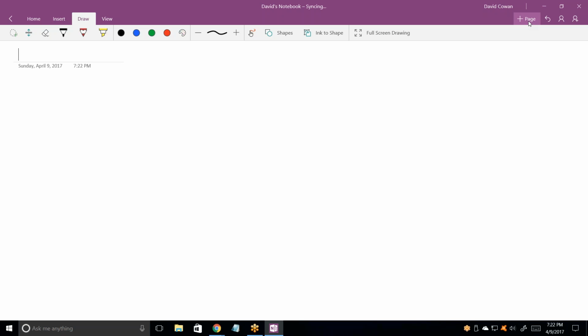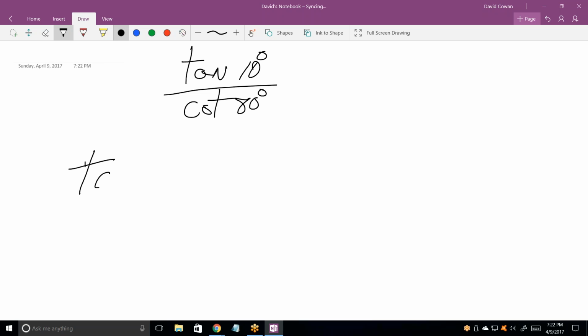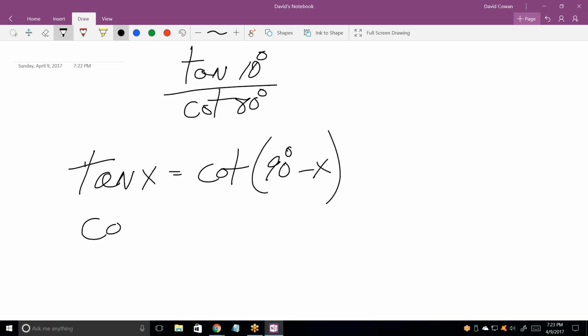Without the use of a calculator, find the exact value of tangent of 10 degrees divided by cotangent of 80 degrees. Are you familiar with cofunctions? Yes. So we know that tangent of x is equal to cotangent of 90 degrees minus x, and vice versa.